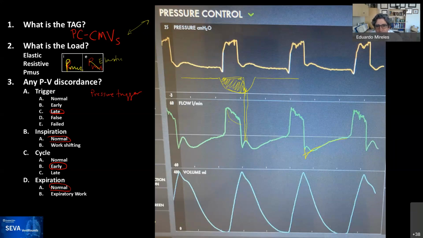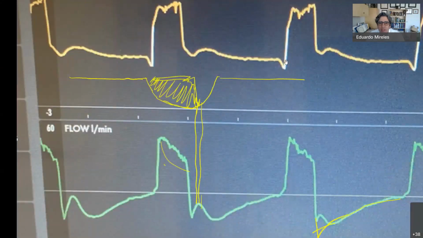But without a doubt, the patient now has to do an amount of effort. And I'm going to amplify this so that you can see this a little bit better. So you can see how the patient has to drop the pressure all the way over here so that it can trigger the breath up. And that correlates down here.